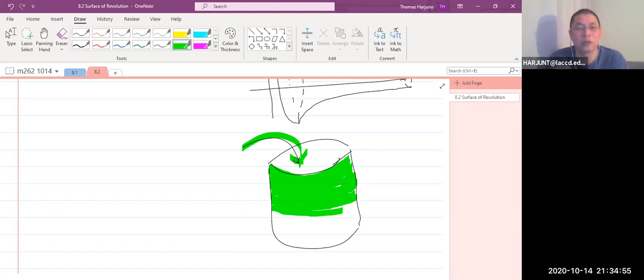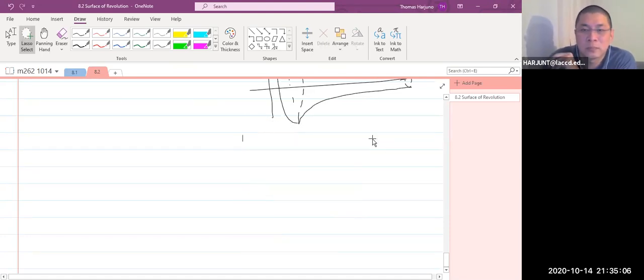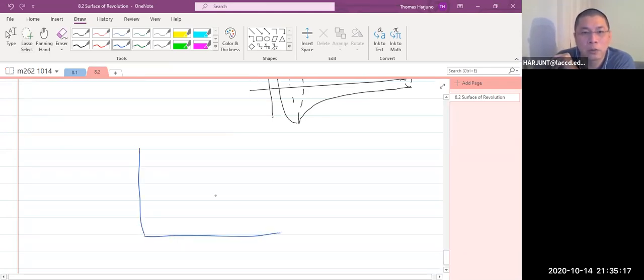Take a look here. Do you see the paradox already? No, not yet. Okay, let me erase it then. The paradox is like this. That's why it's a very well known question. Suppose you have a container that you fill up with water.